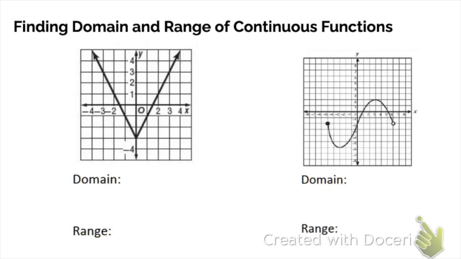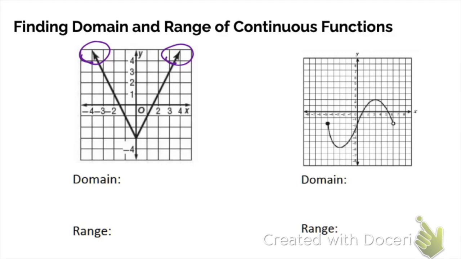All right, couple more graphs. So we have another couple of our parent functions here. So we have an absolute value function that's been moved around and transformed. So again, we're going to go back and talk about transformations of functions in the next couple of days. This graph has arrows on both the left and the right side, which means I can't use those dotted lines to close in that graph.